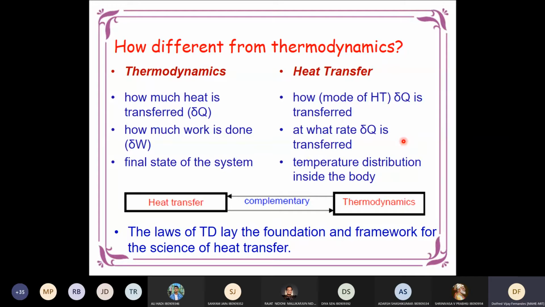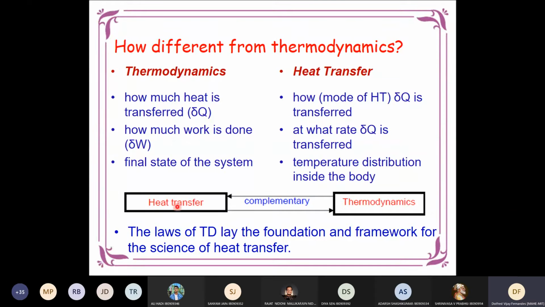Whereas in heat transfer, we study in detail where the loss is taking place and how we can minimize those losses. So then we can suggest or design ways to improve the efficiency of a cycle using heat transfer analysis.